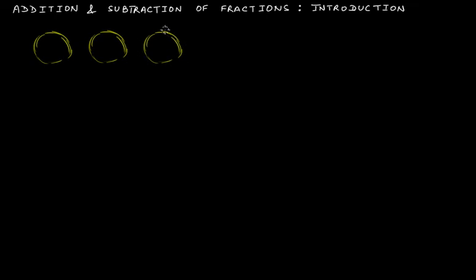If I remove this one, it's a half chapati. This is for the morning. This was eaten by you in the morning. You had 2.5 chapatis in the morning. So you can write it as 2.5, meaning 2 whole chapatis and a half.